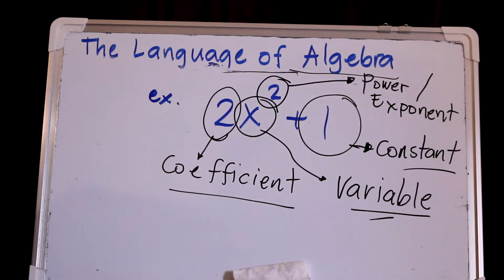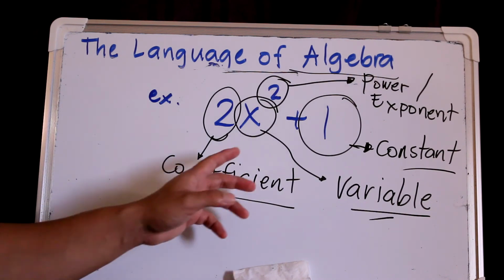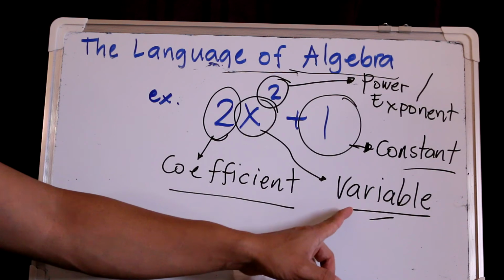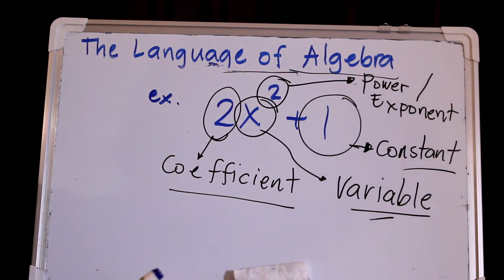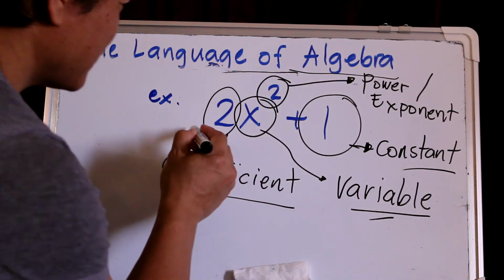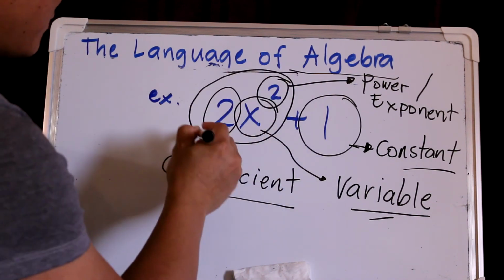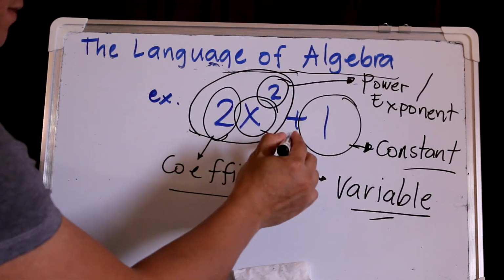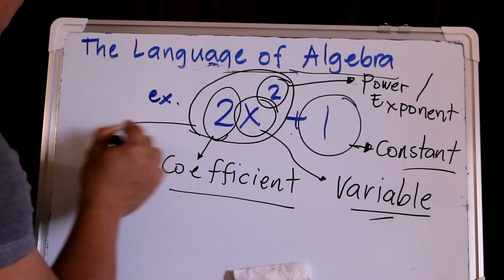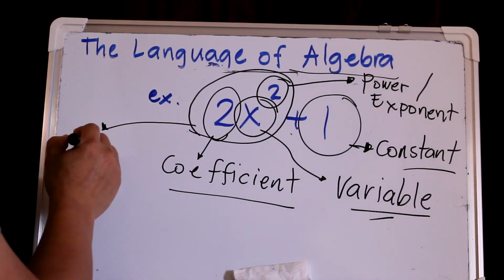An application could be that the x right here is a variable. It could be mangoes, bananas, how many buckets of flowers, and so on. So this x here is known as a variable. I would like to stress this: each part separated by plus or minus is called a term.